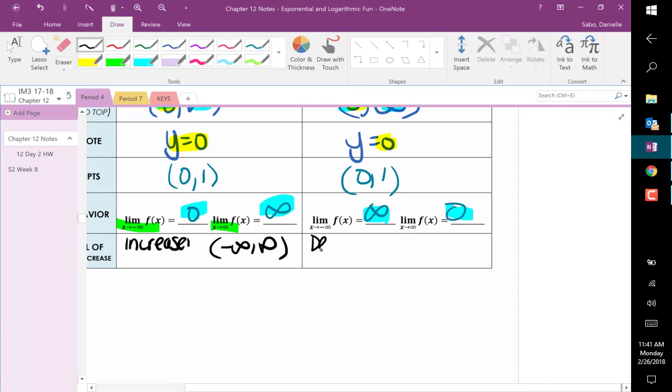Decrease. And am I always going to be decreasing, or was there a part where I stopped? 0. Yes, I did stop at 0. I totally understand that. But yes, it kept going toward 0, and that's the y value. When you're talking about increase and decrease, you're talking about your x values. So I'm always decreasing forever and forever, and that's why it's negative infinity to positive infinity. And that's how it is.